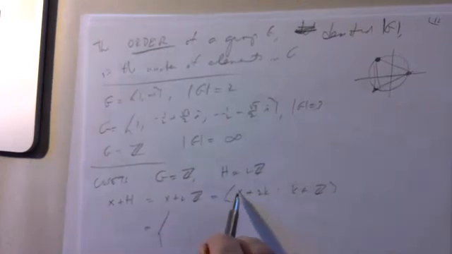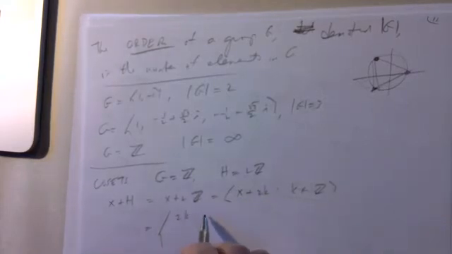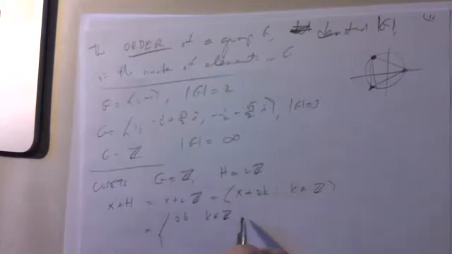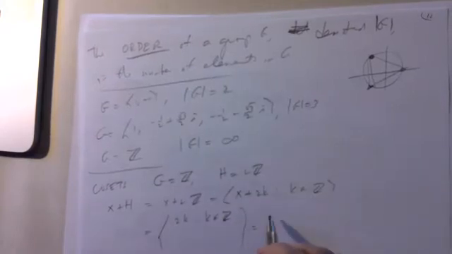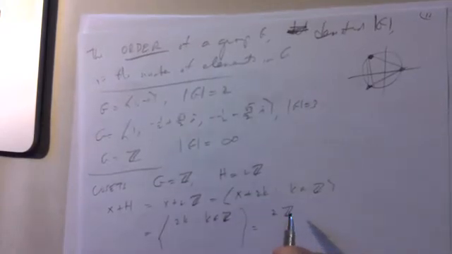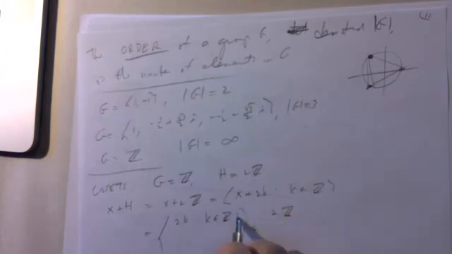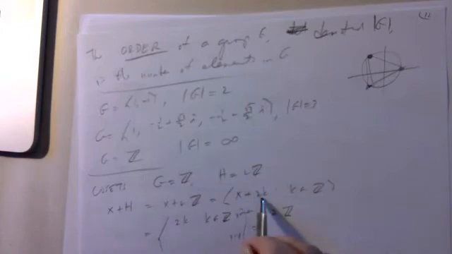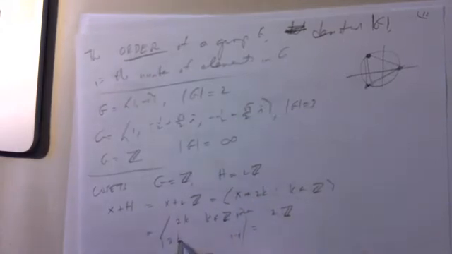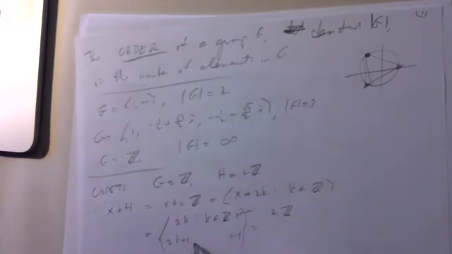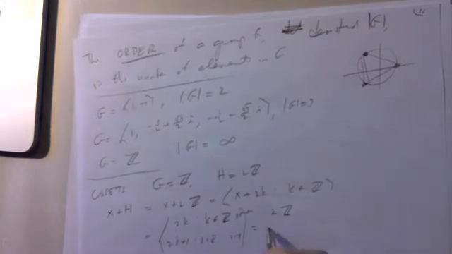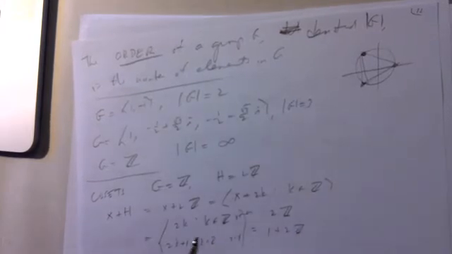If x is even, an even number plus an even number just gives you all even numbers. So this is just 2Z. And if x is odd, an odd number plus an even number is odd. This is all numbers of the form 2k plus 1, k in Z, which I can write as 1 plus 2Z.